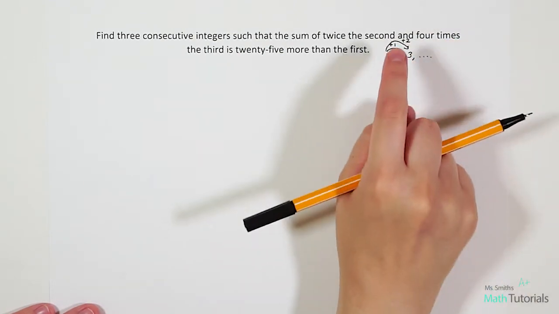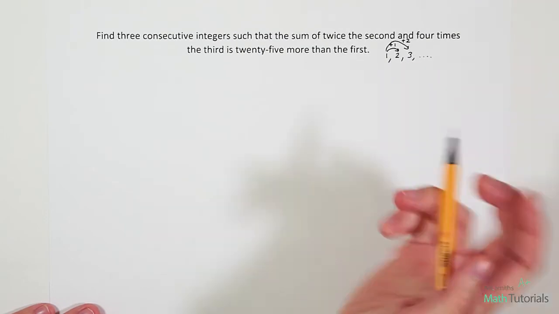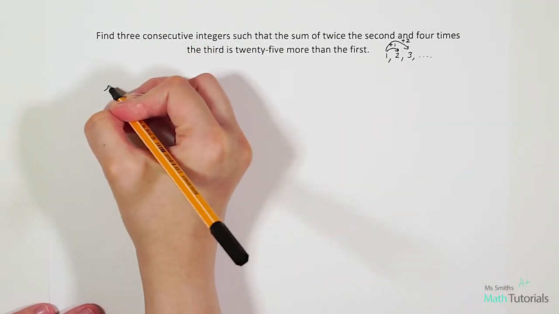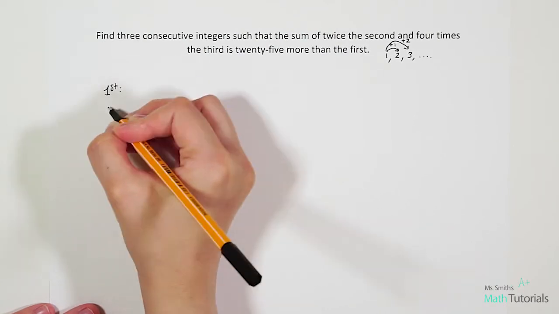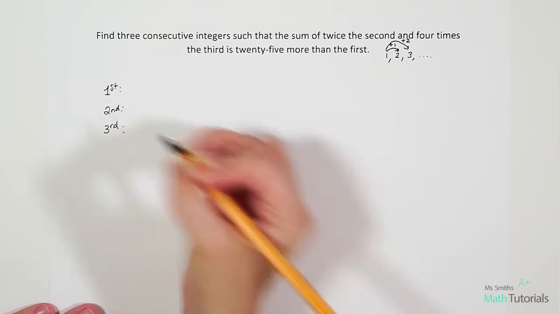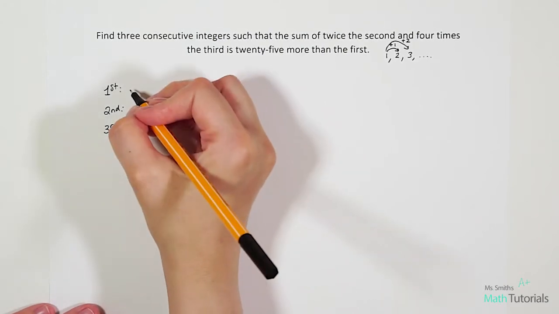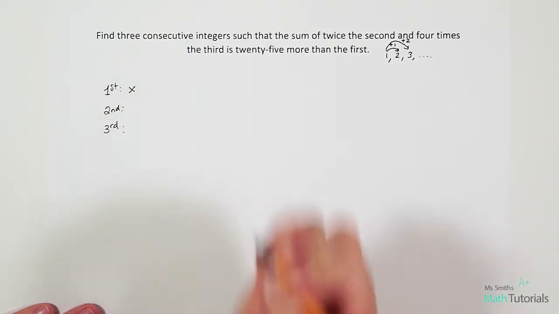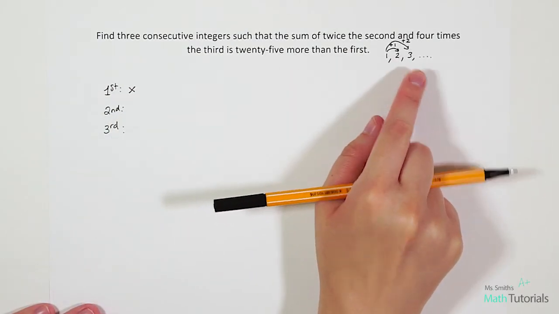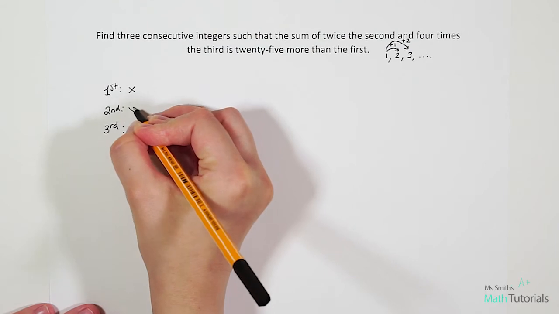So for this pattern, we've got 3 numbers we're looking for: the first, the second, and the third. We know the first one is always going to be just x. The second number, looking at this pattern and thinking about it, is just going to be x plus 1.